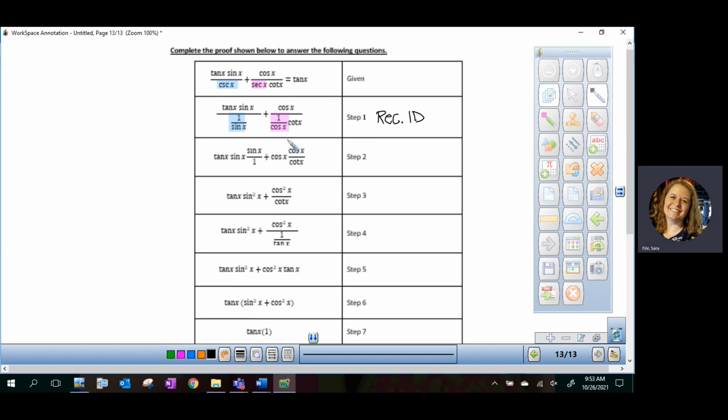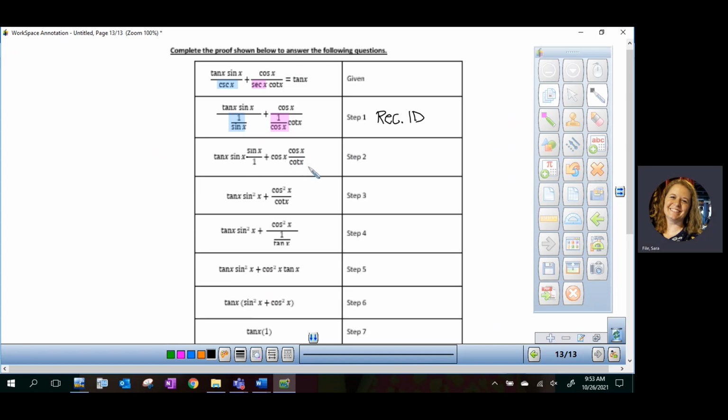Now the next thing I see is instead of dividing by those fractions, they're multiplying by the reciprocal. Y'all see that? So instead of dividing by 1 over sine, it's multiplying by sine over 1. Instead of dividing by cosine over cotangent, they're multiplying by the reciprocal.